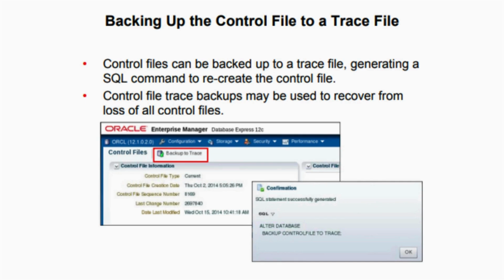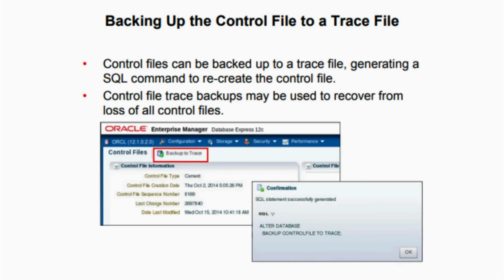Trace copies of the control file can be created by using Enterprise Manager Database Express, Enterprise Manager Cloud Control, or by using the following SQL command: alter database backup CONTROLFILE to trace. The trace backup is created in the location specified by the diagnostic_dest initialization parameter.